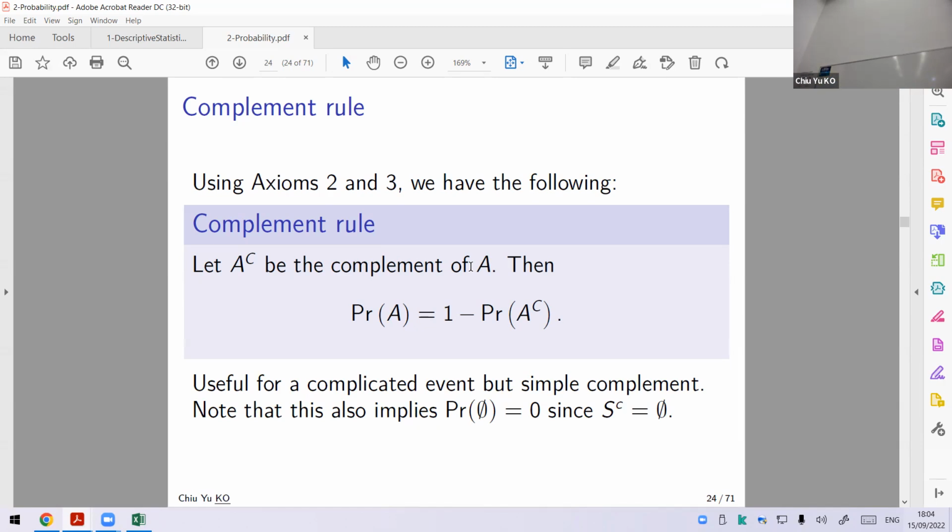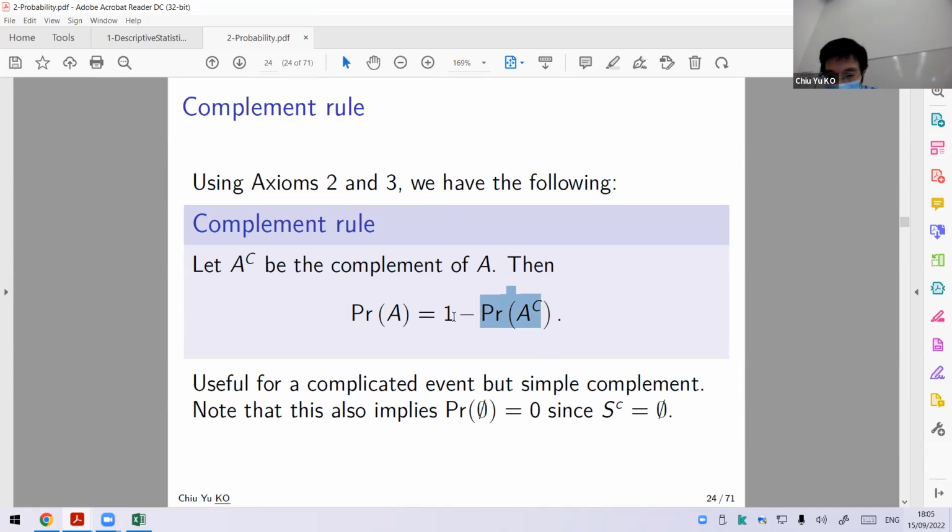The sample space is indeed A union A complement, and because they are mutually exclusive, you can write the probability of the union as the sum. Just move one to the other side. I don't do the proof, but this is how you get that statement. You don't need to care about the proof, but it's very obvious: P(A) plus P(A complement) must be equal to the sample space, which is 1.